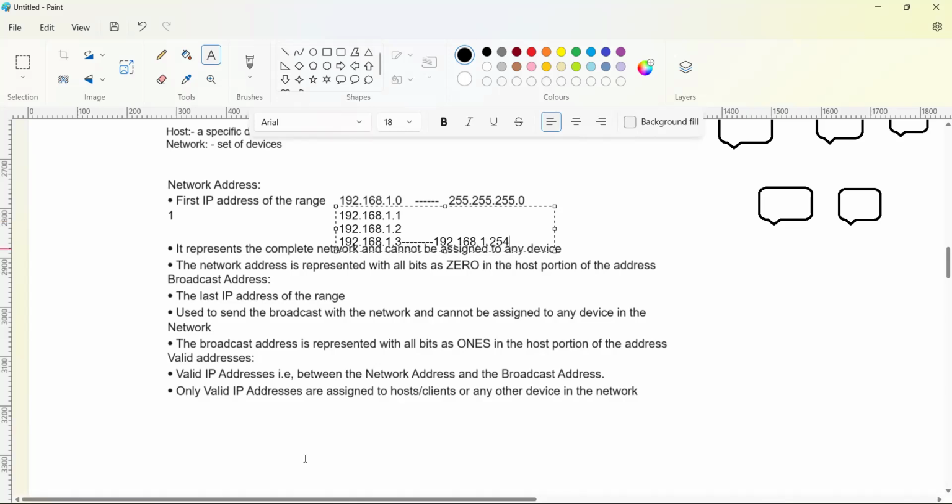Up to this range it will move. These are all valid IP addresses.